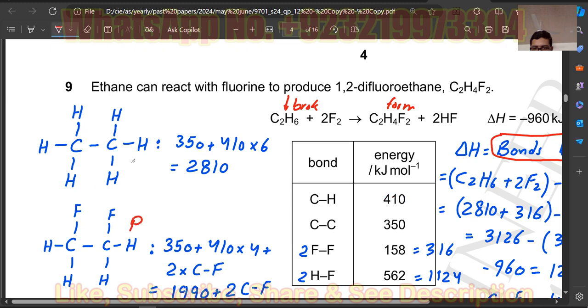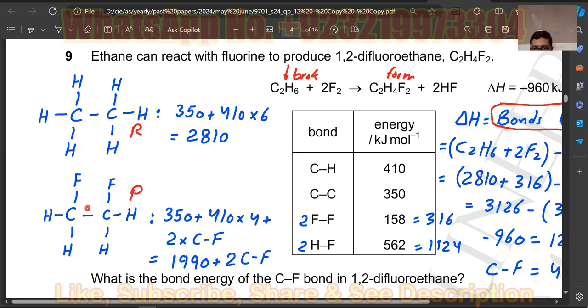This is the product and this is the reactant. The products are formed. Here we have that bond which we need to find, the C-F bond. There are 2 C-F bonds present here, this one and this one. However, the values of the rest of the bonds can be calculated from the given table. So after putting the values, I get 1990 plus 2 times C-F. This is the 2 bonds of the C-F here, because we have 2 C-F bonds.